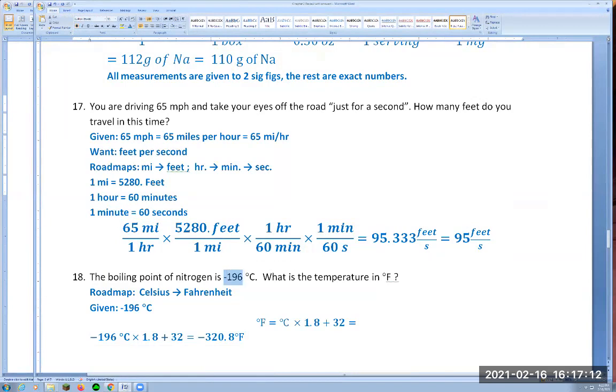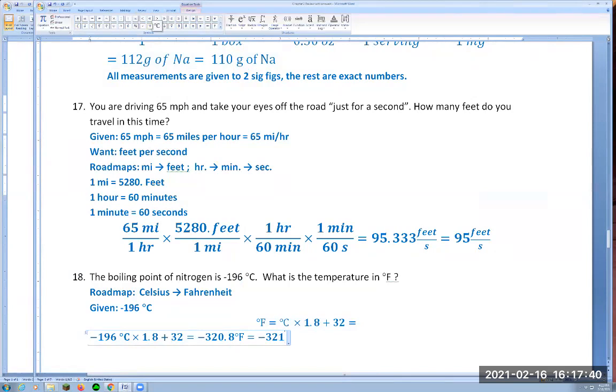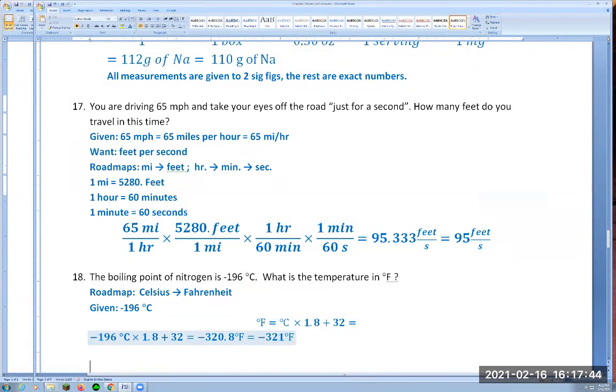If the initial temperature is given to the ones, to the degree, you want to keep the degrees Fahrenheit to the degree. So that means you will change this to negative 320, except that what comes after the 0 is an 8, so the 0 will become a 1. And then you will bring back the degrees Fahrenheit here. So that's what would be the final answer.